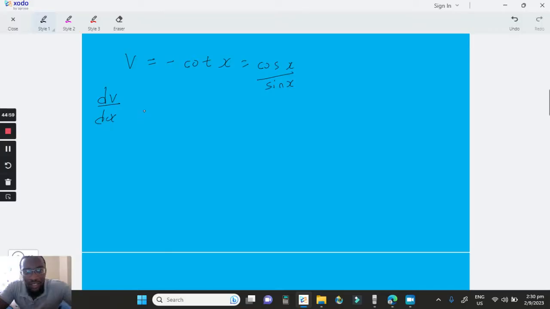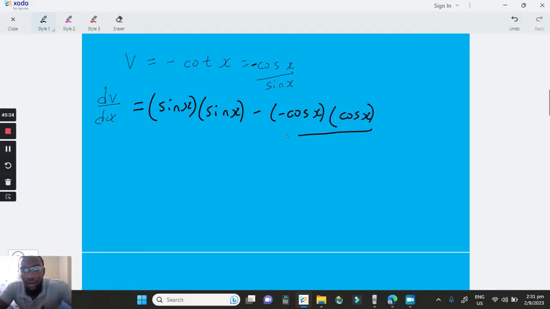So in this case, differentiating using the quotient rule, you start with the bottom times the derivative of the top. When you differentiate negative cos, you get positive sine. Start with the bottom times the derivative of the top minus the top times the derivative of the bottom. When you differentiate sine, you get cos x, over the bottom squared, sine square x.